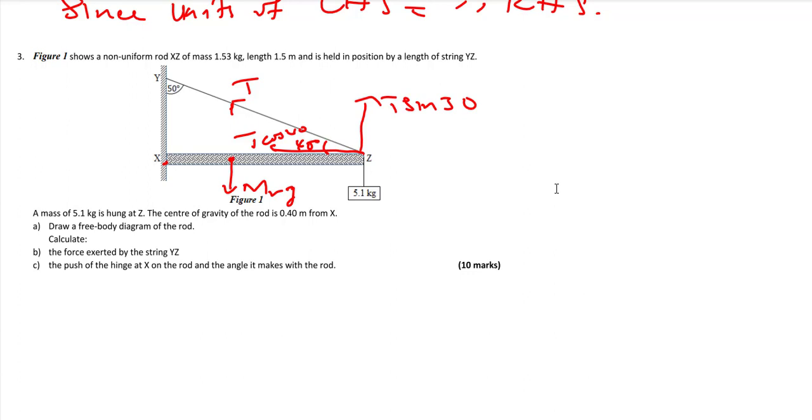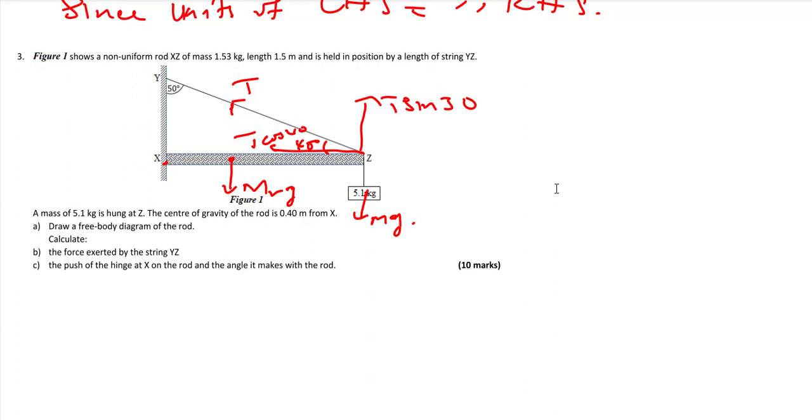Okay, so we have resolved the forces. So here on this mass, we also have mg. So that is the free body force diagram showing the forces acting on that particular object.